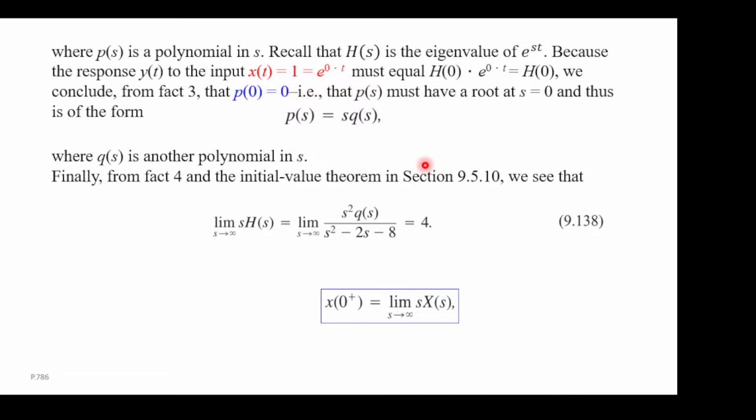Every term has at least a power of s, so you can factor out s and write it as s times another polynomial.